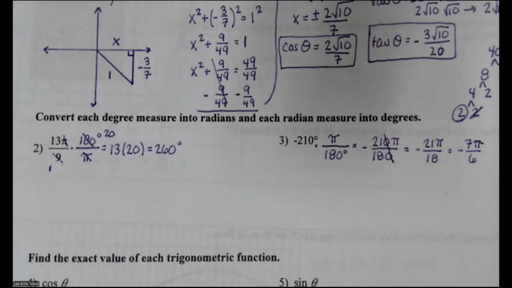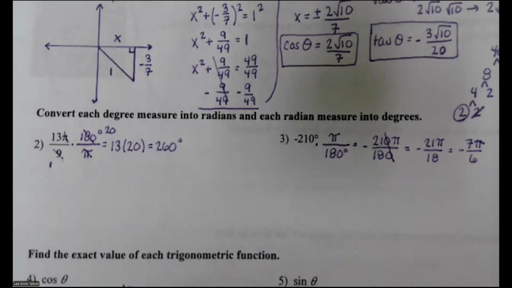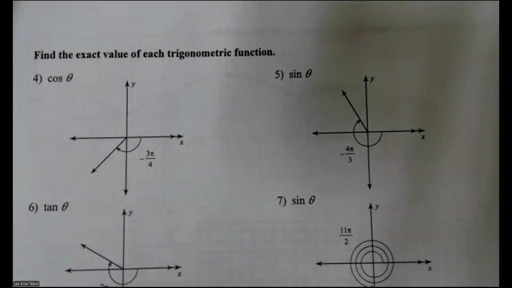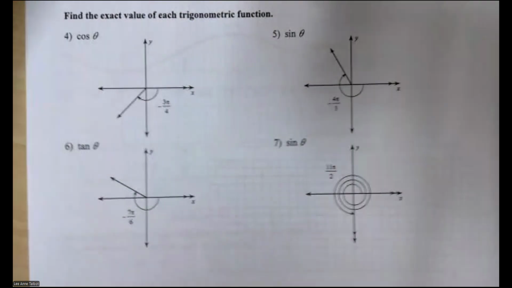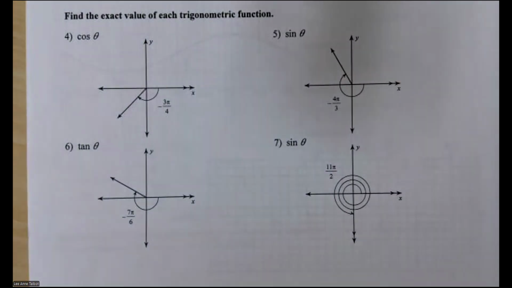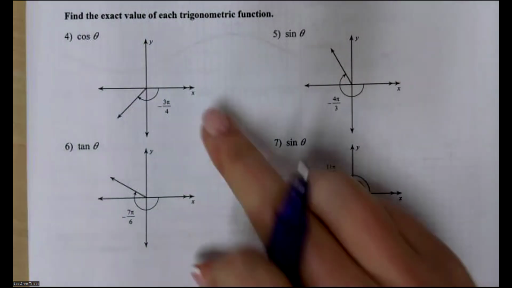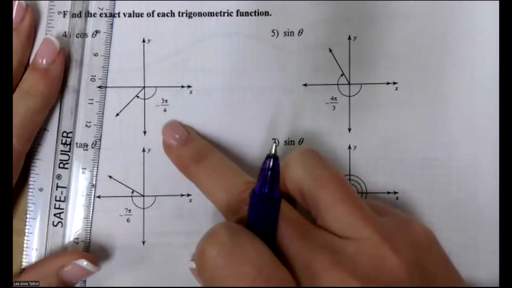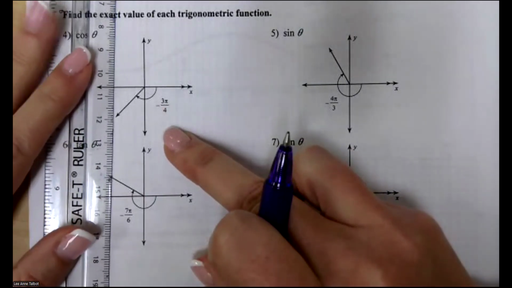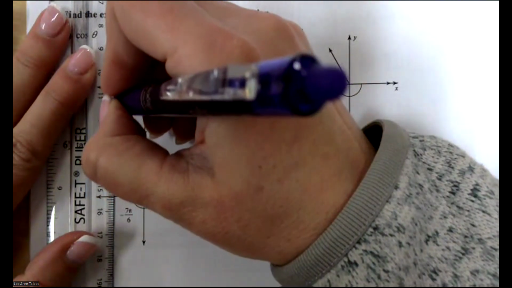Okay. Scoot your paper down to 4 through 7. And these are basically the warm-ups that we've been doing the last week or so. And what I like to do is kind of ignore the direction. This is going negative 3 pi over 4. We don't really care about that.